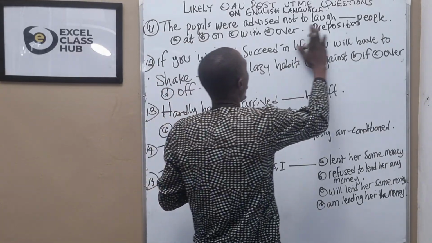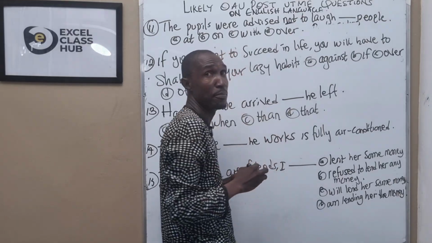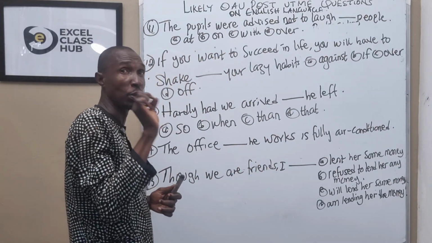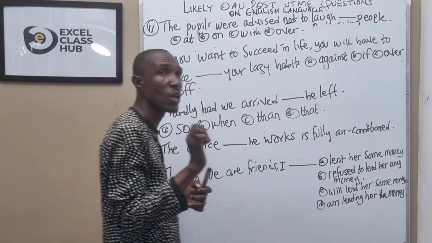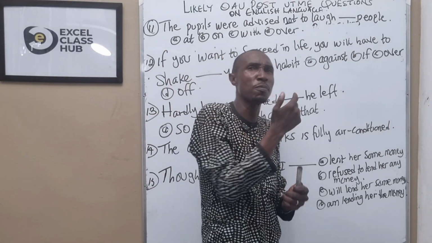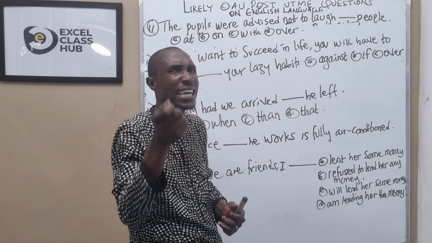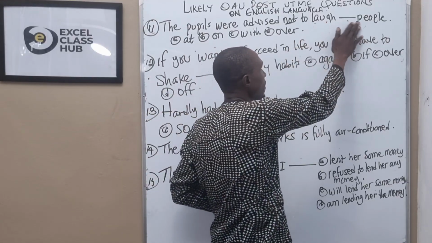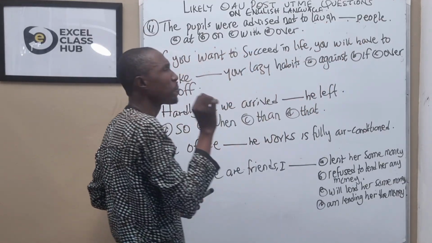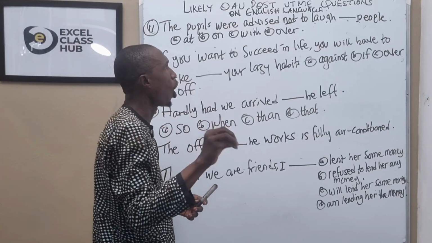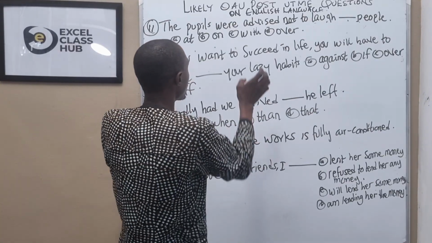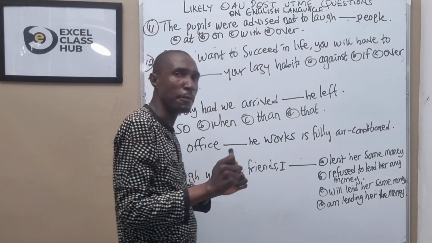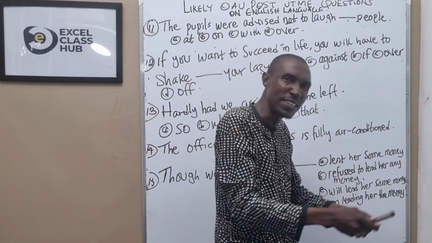It is the word not that will determine your answer, which means what we are trying to explain here is something negative. And since what we are explaining is negative, automatically you need to analyze the options very well, that which of them deals with negativity.